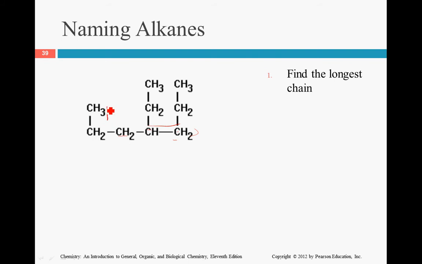So that means we want to gather up this one on the top as well because it's connected to the longest chain. We want to connect these as well. That's how we're going to get the most carbons that are connected in one line. 1, 2, 3, 4, 5, 6, 7 carbons connected all together.